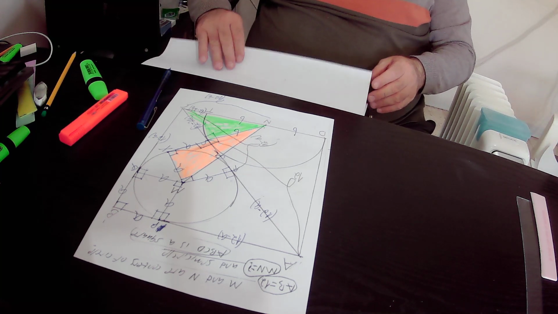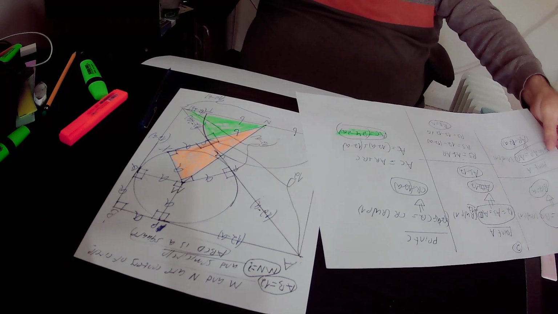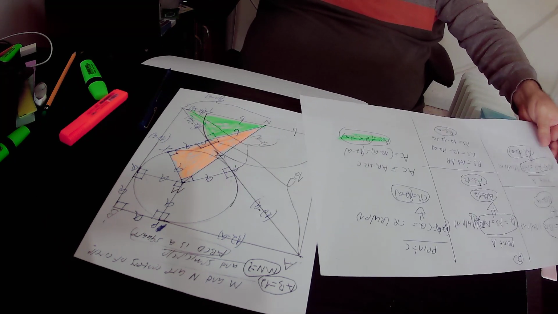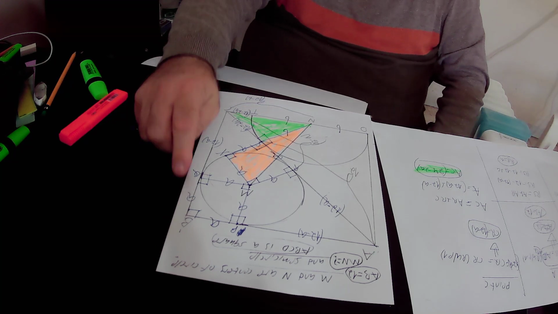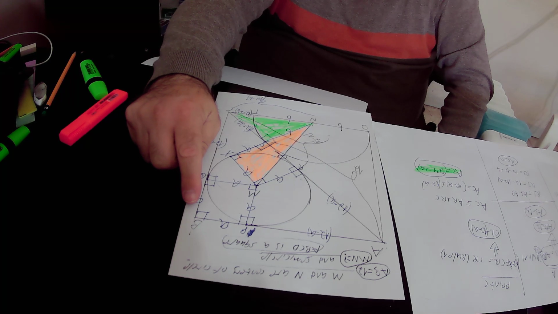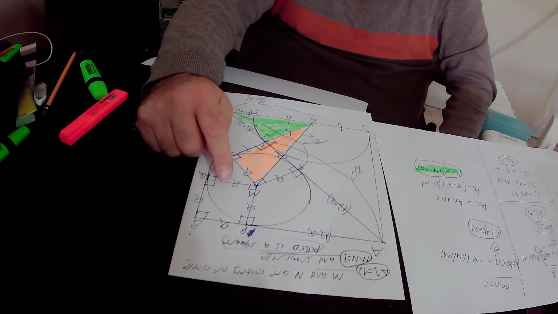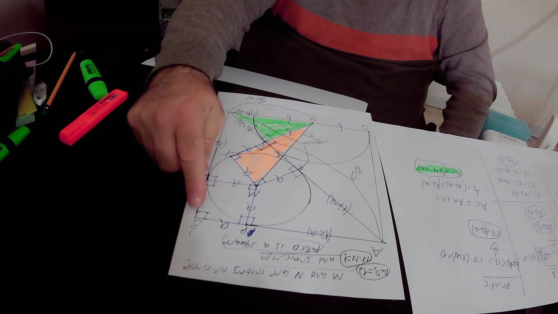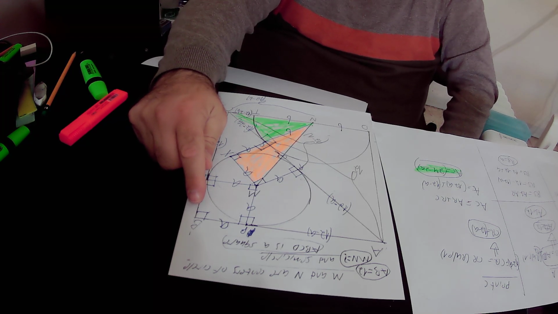In our drawing, first of all, here point B is a common external point, and from this external point B in relation to the circle, we have two tangents to this circle.